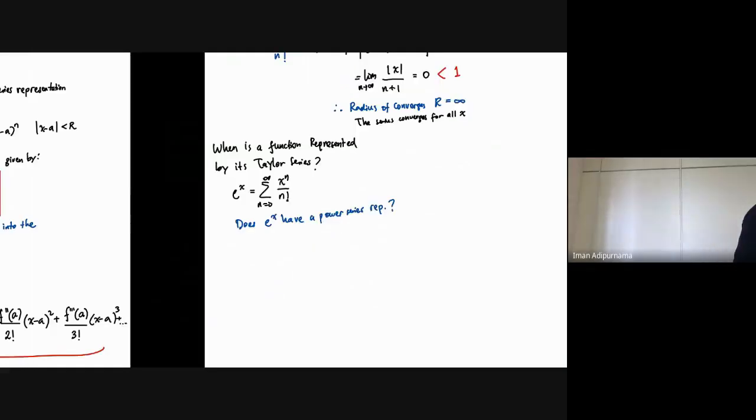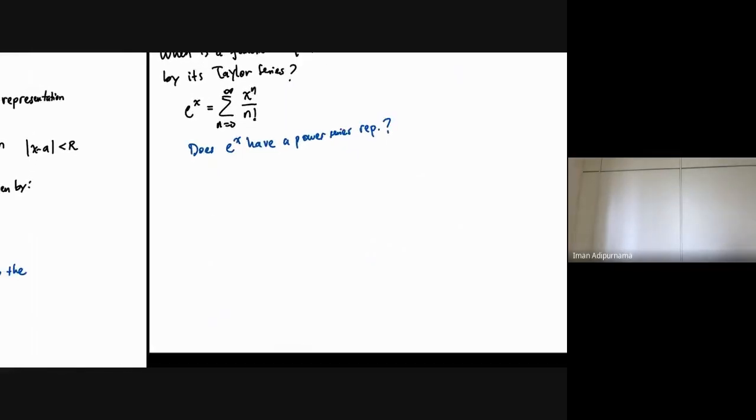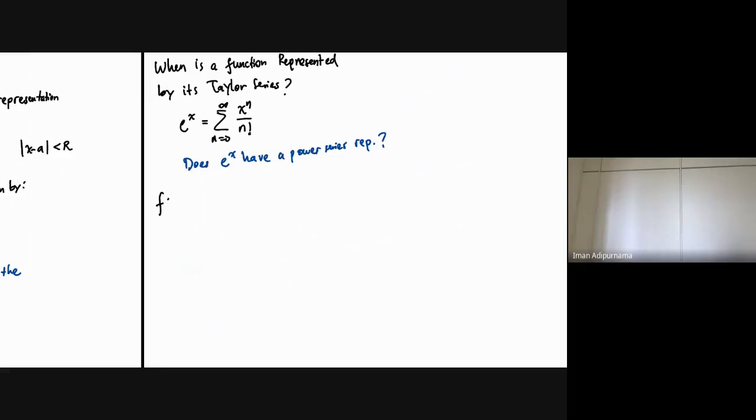But before graphs, let me try to write down some. Let's say f of x. Let me write the general formula. In Taylor, we know that this is the formula, with n factorial and x minus a to the power of n.